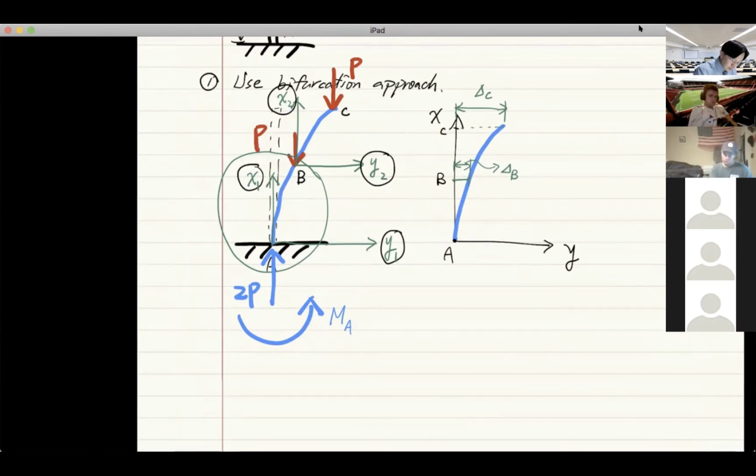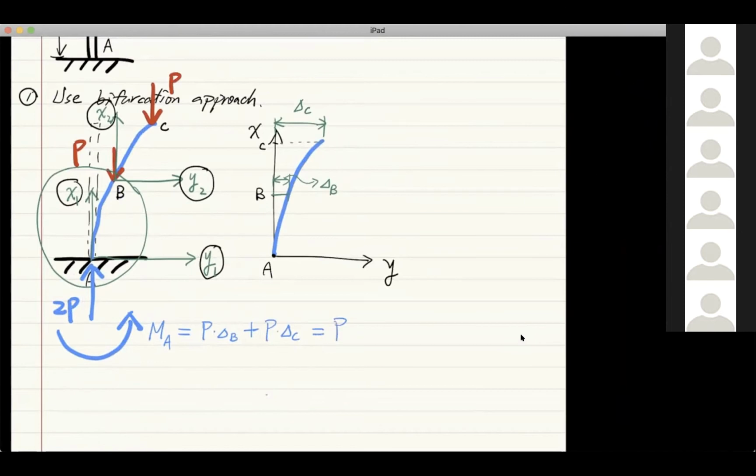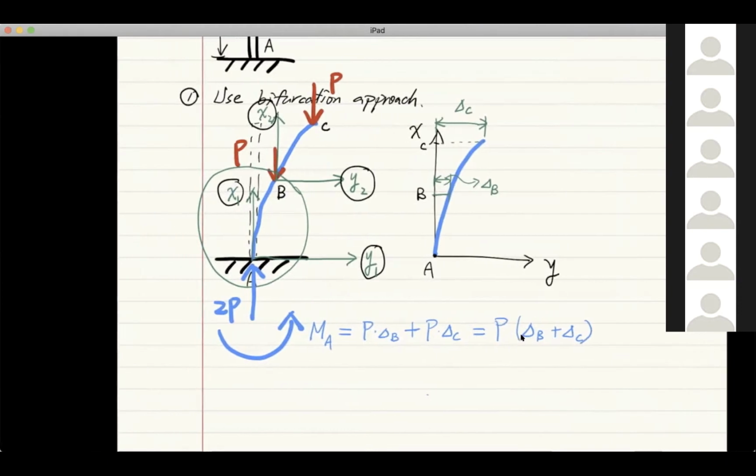In this case, the end moment MA equals P times delta B plus P times delta C. And of course, you can just write it as P times the quantity delta B plus delta C, just like that.